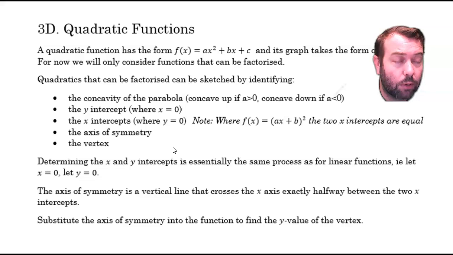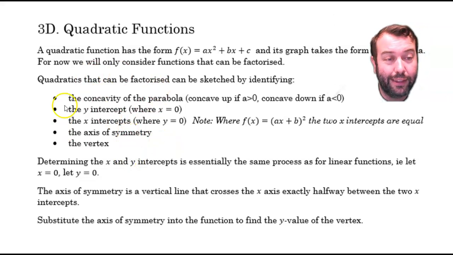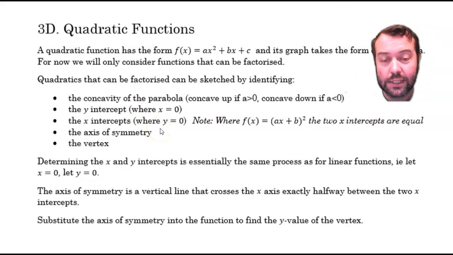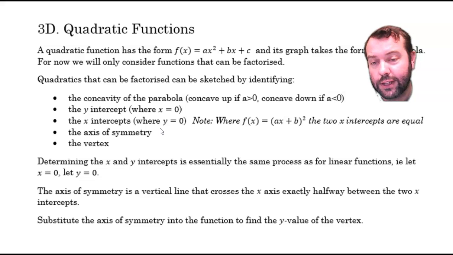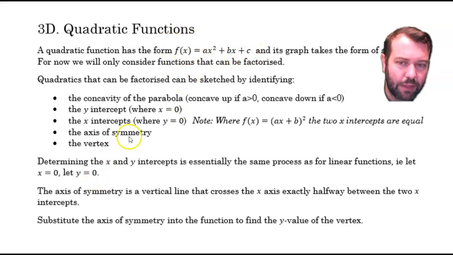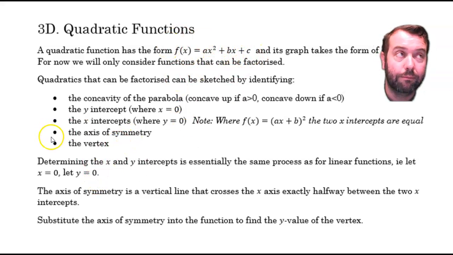The vertex of the parabola is the last thing that we're going to need to sketch them following this technique. The vertex will lie on the axis of symmetry. So if I substitute that x value, which is the axis of symmetry, into my function, then that will give me the y coordinate of the vertex.